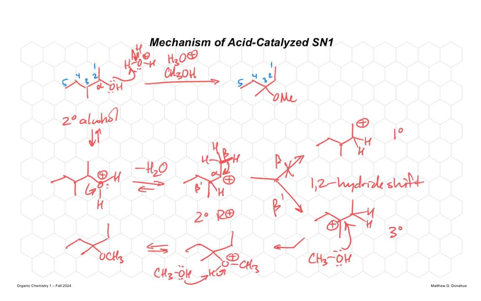On Wednesday, we'll look at other types of shifts, so methyl or alkyl. Methyl is sort of the same thing. Instead of H, you have CH3 moving over. An alkyl shift is typically when you want to reduce ring strain. Rings can open up.